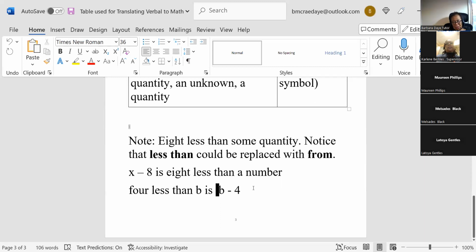I guess I'm looking at it like b should be a number, like 8. No, it doesn't have to be a number. Remember, a number could be anything from A to Z. But I'm thinking it stands for the number that 4 was taken from. That's why I keep going around and around. No. What are we doing here, Mercedes?